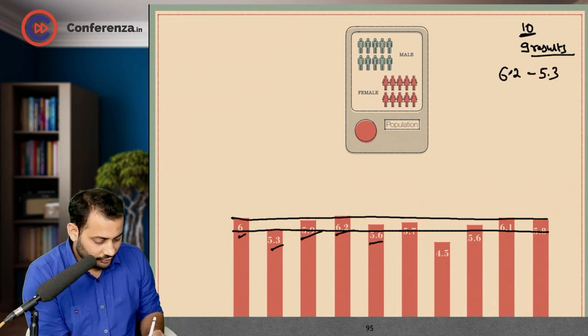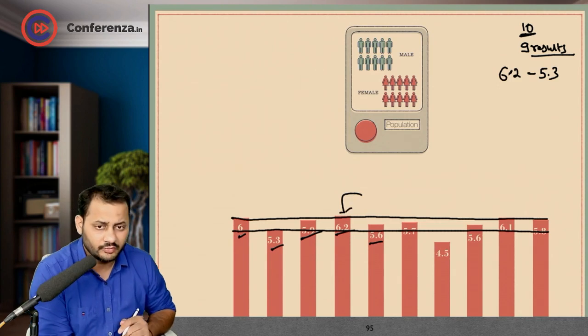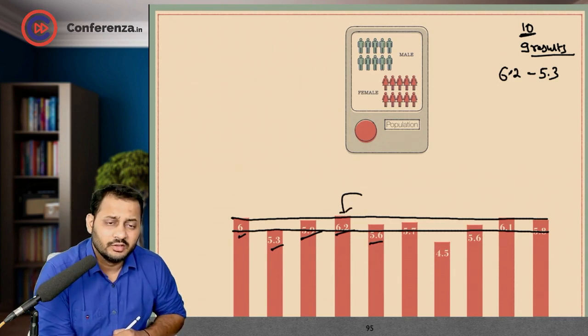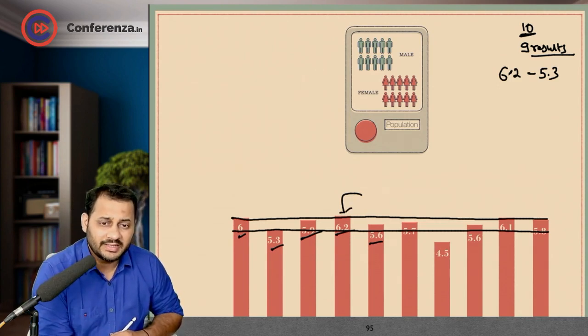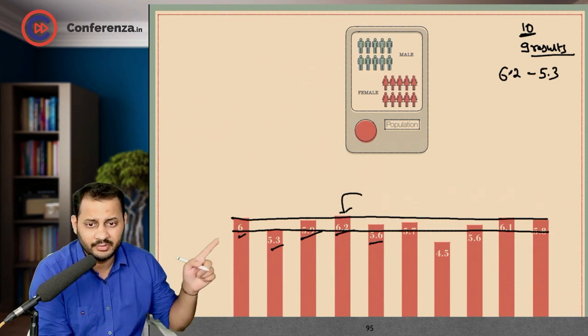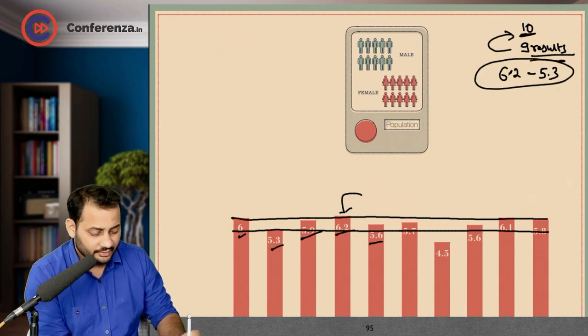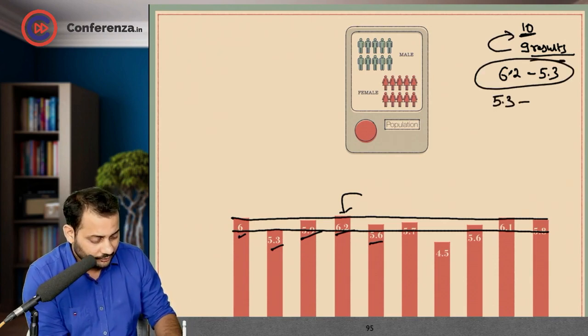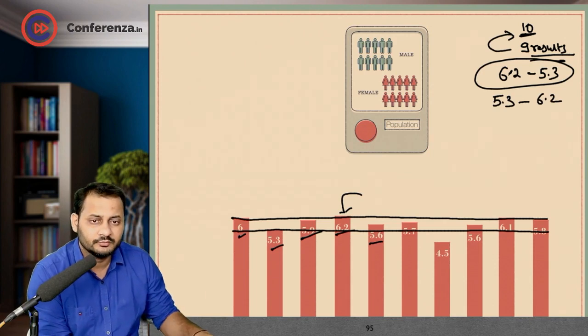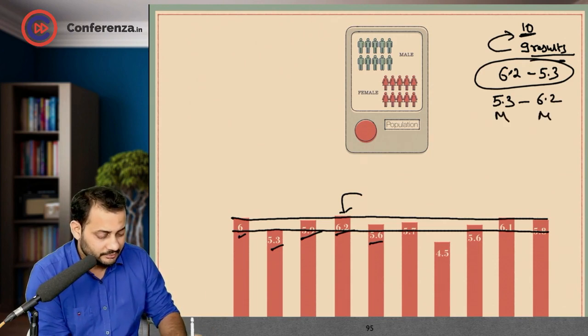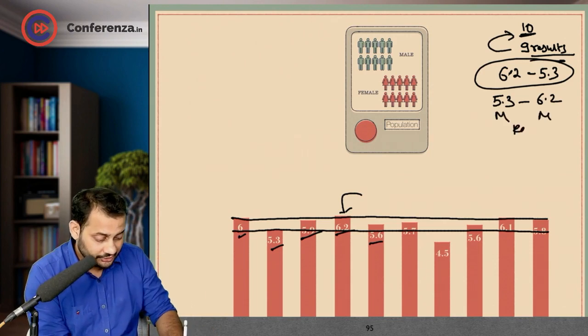What I want to say with this is that the maximum height is 6.2 and the minimum height is 5.3, meaning 9 out of 10 people fall under this category. Let me write it correctly: 5.3 to 6.2. This is the minimum height, this is the maximum height, and this is going to be the range.